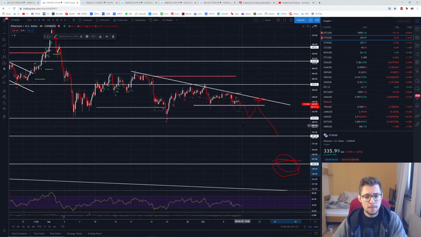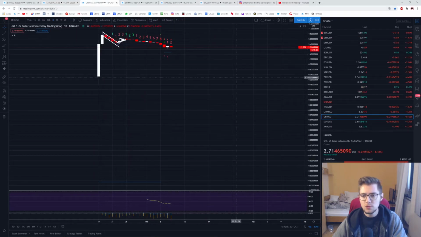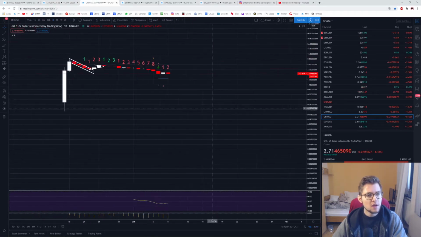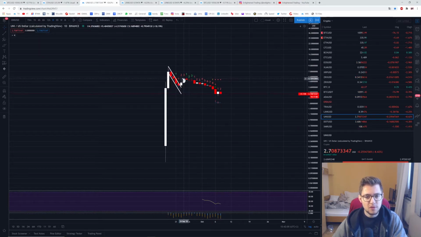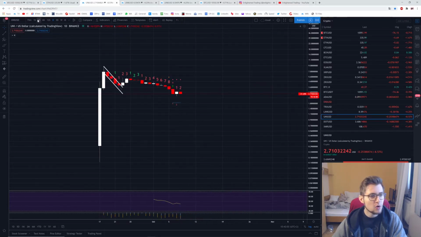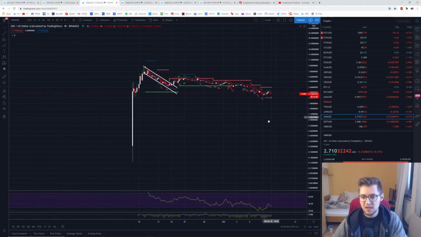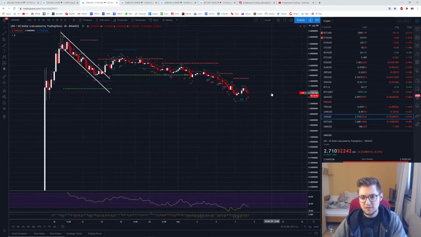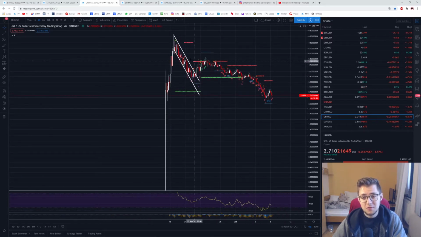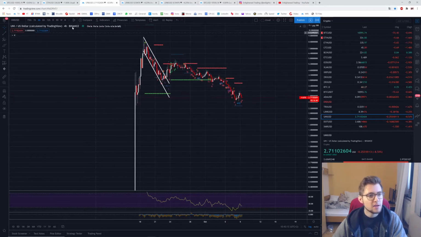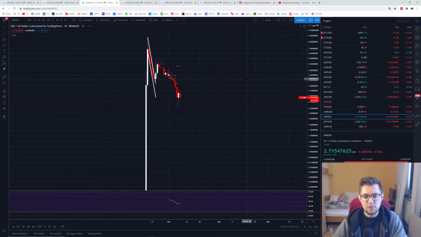Okay, I think we can already move on to Uniswap USD. And I mean, we are still pretty much in free fall here for the Uniswap token. I do not see any hope for now. Looking at least at the technicals, there is no clear trend, besides of course this very strong downward pressure coming from the bears.